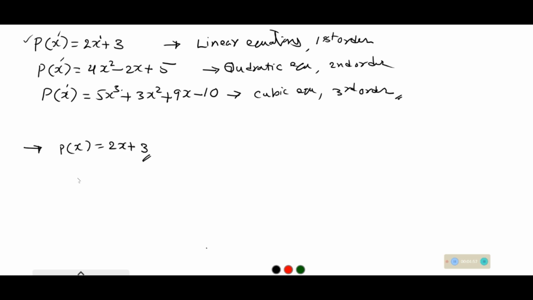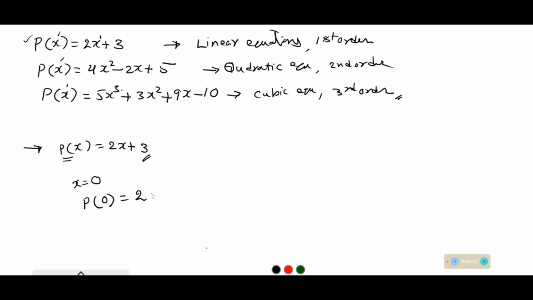You can find the values of these polynomial expressions for different values of the variable. The value of p of x will vary with the x variable. For example, if x is equal to 0, what is p of 0?